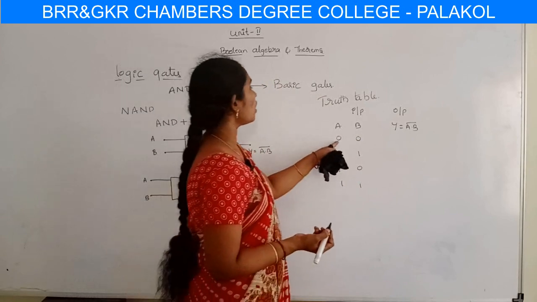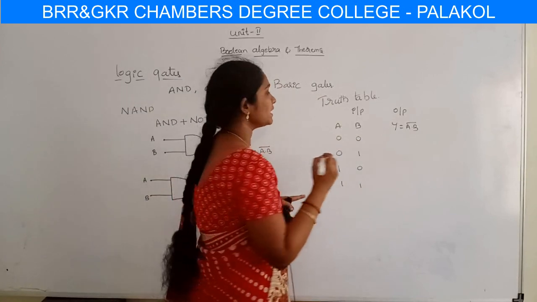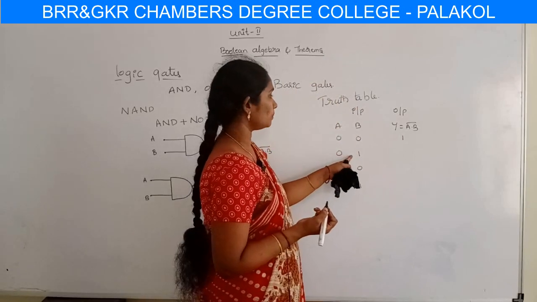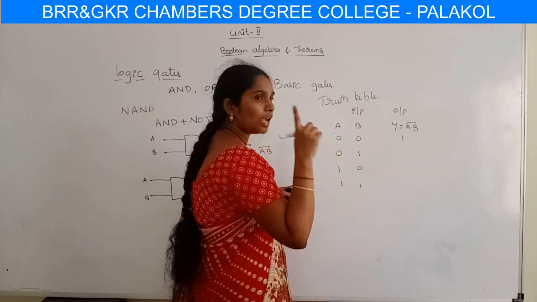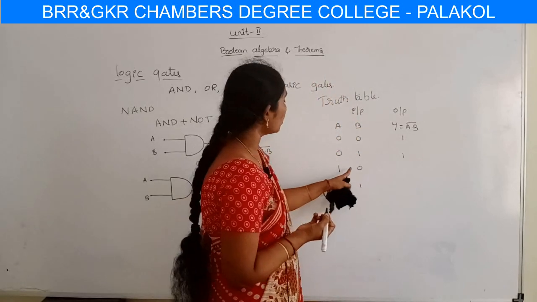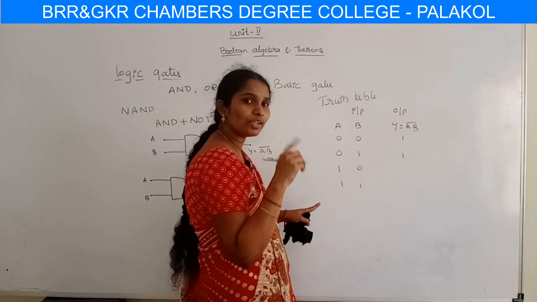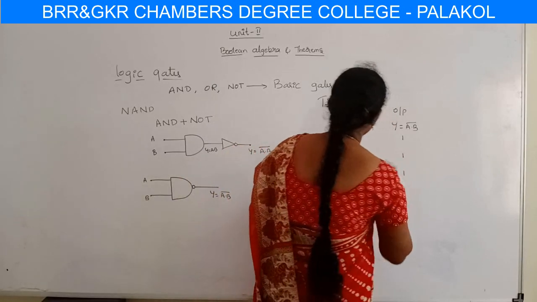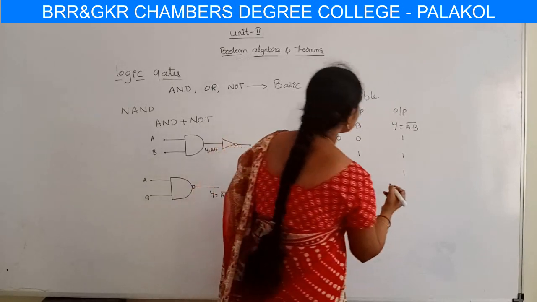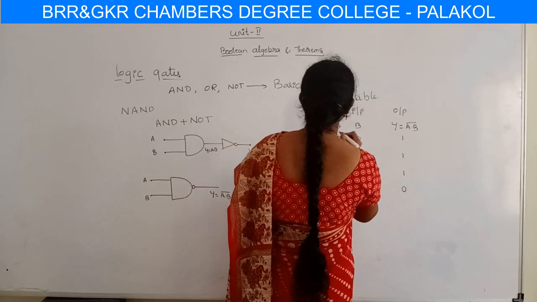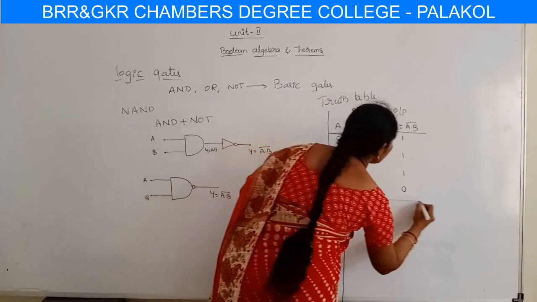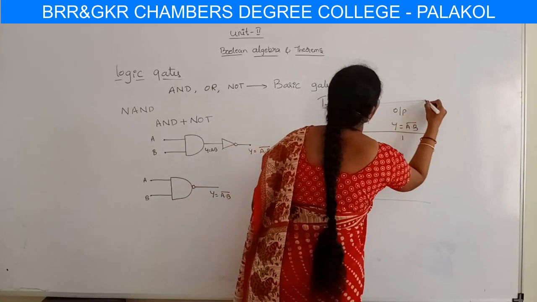So 0 dot 0 is 0, 0 bar is 1. 0 dot 1 is 0, and 0 bar is 1. 1 dot 0 is 0, 0 bar is 1. After that 1 dot 1 is 1, 1 bar is 0. Okay, so this is the truth table for the NAND gate.